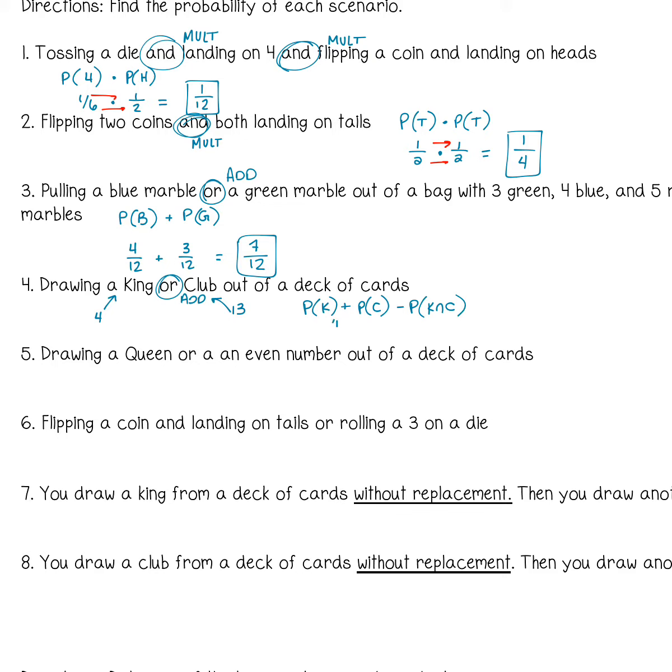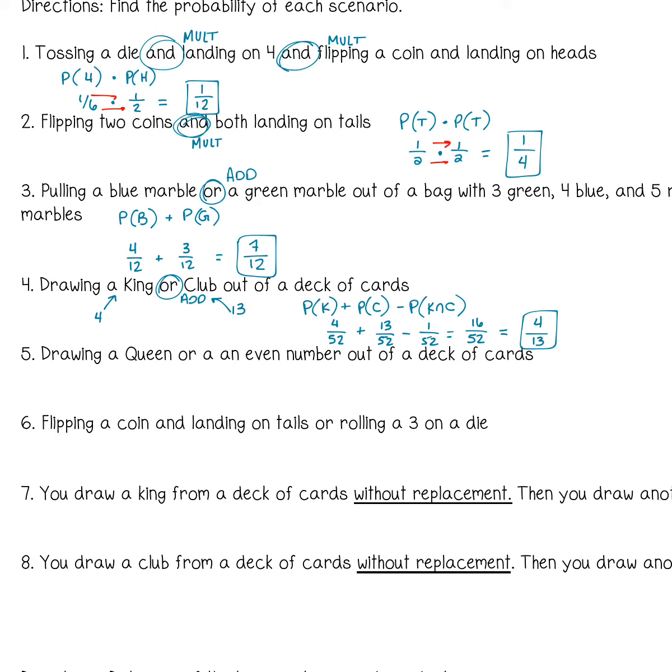So 4 out of 52 plus 13 out of 52 minus 1 out of 52, because we don't want to double count that same king. 4 plus 13 minus 1 gives us 16. 16 divided by 52, and we math fract. Tells me we've got a 4 out of 13 chance of that happening.